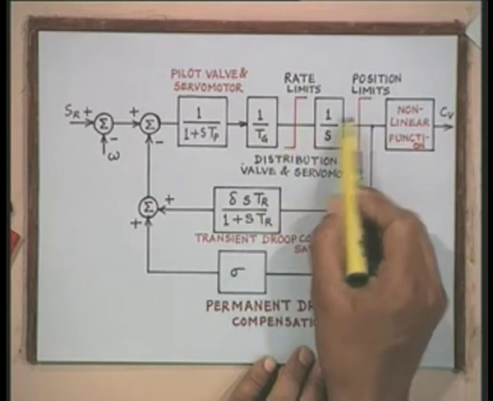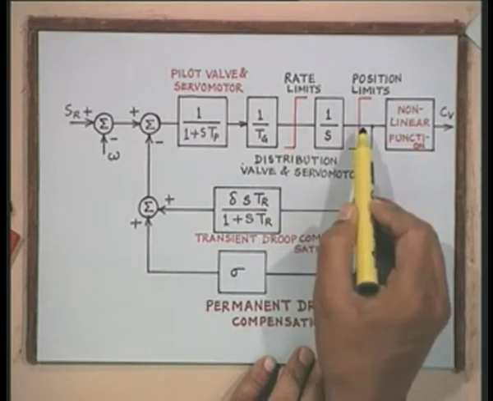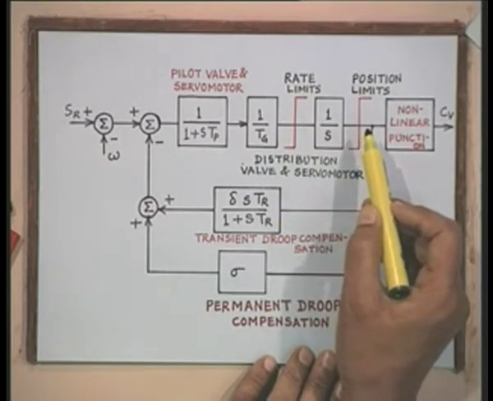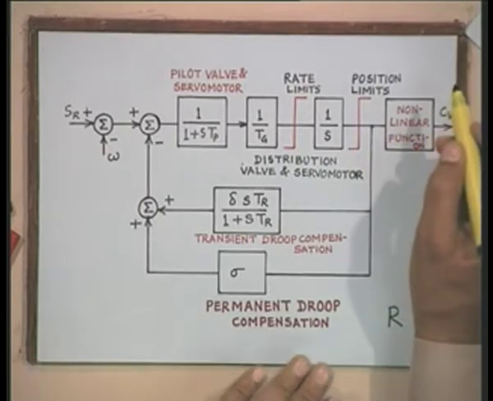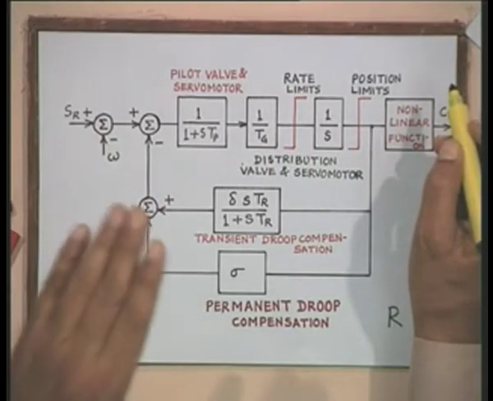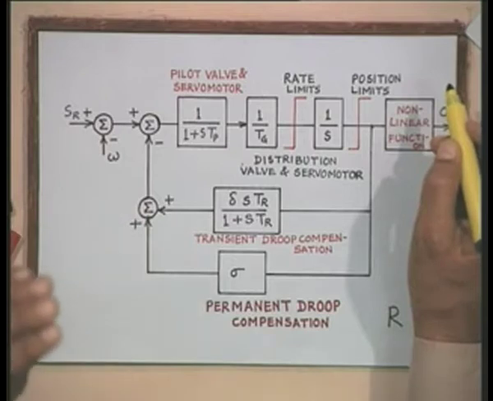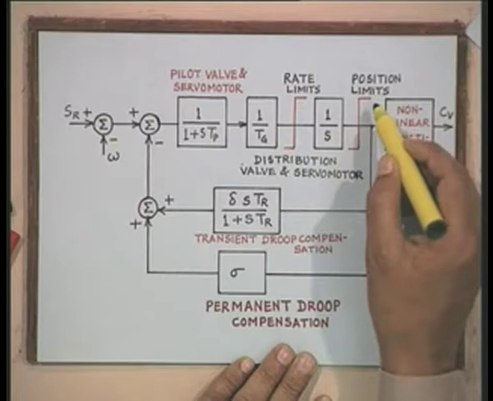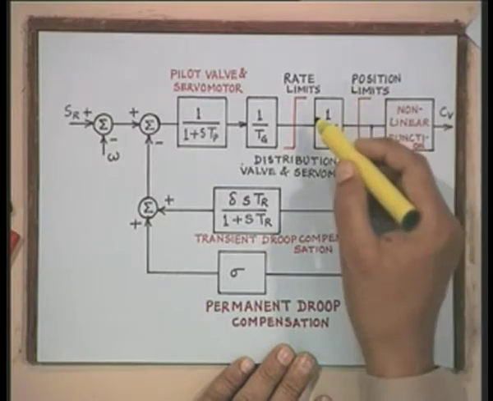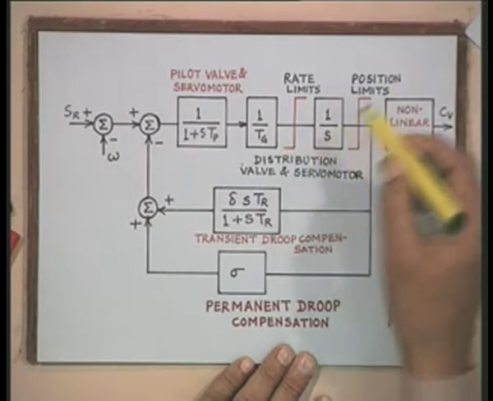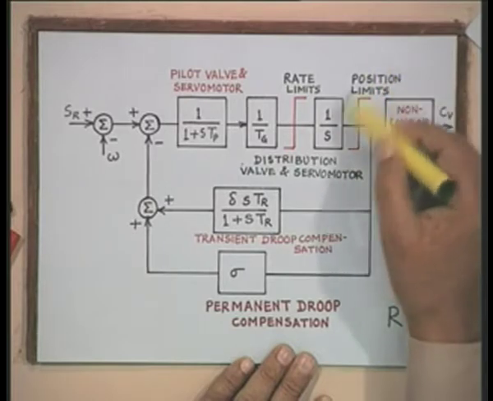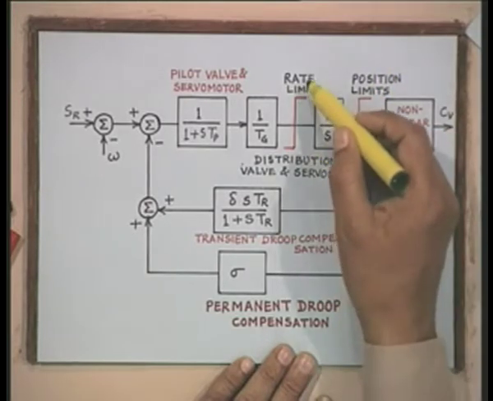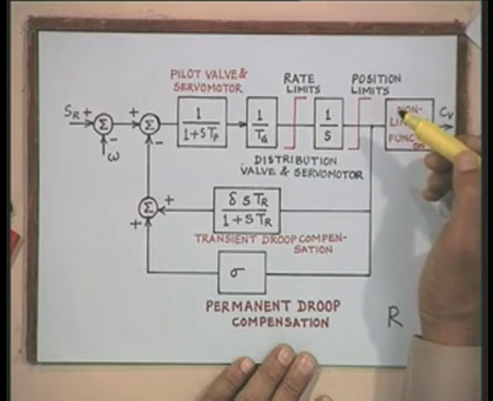Therefore, these two limits are shown in this transfer function diagram, and whenever we are studying the small perturbation dynamics, or whenever the system is subject to small perturbation, then these limits may not be touched. Particularly the position limit may not be touched, but the rate limits may have to be incorporated.